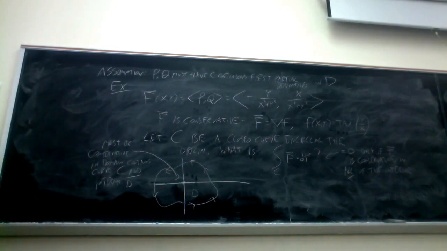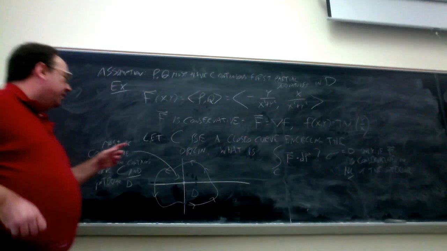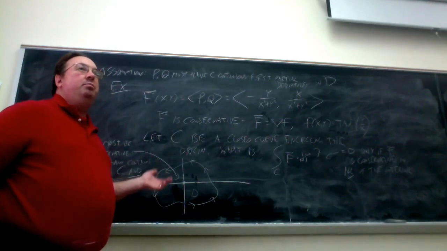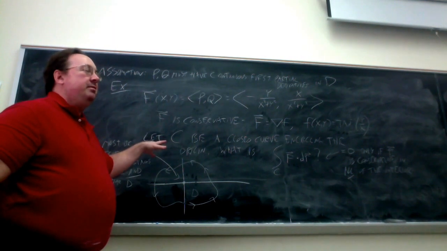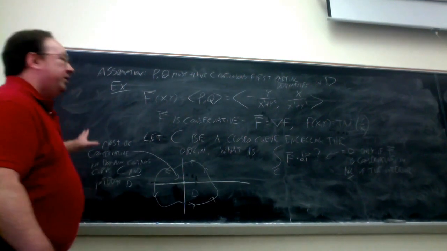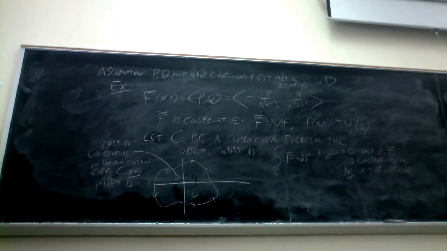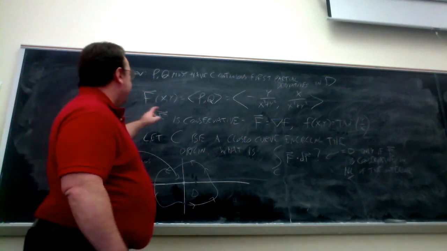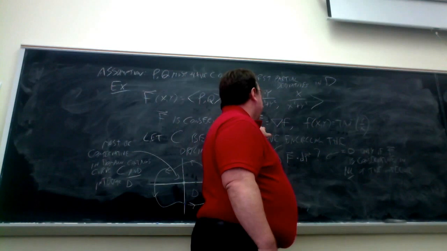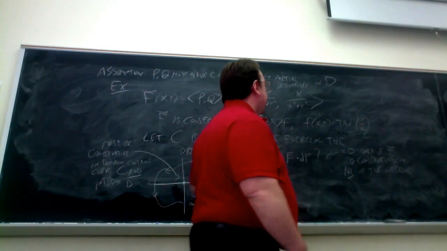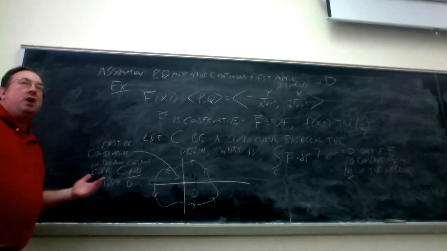Okay. Because if it fails to be conservative, like I said, the line integral, you want it to be independent of path. What if your path takes you through a point where the vector field fails to be conservative? Then all of this falls apart. Now, I've just said that this vector field is a gradient of some function little f. So you might think, what's the problem?